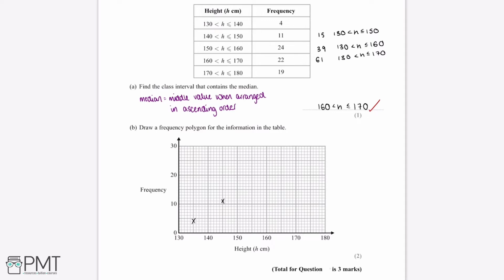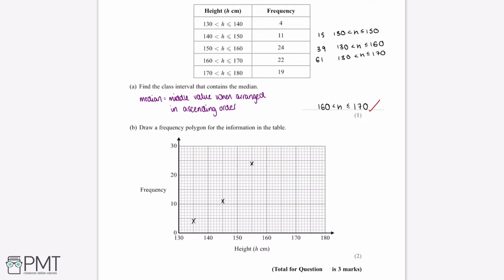Heights between 150 and 160 centimetres, the midpoint will be 155 centimetres and the frequency is 24. So we'll plot the point 155, 24. Heights between 160 and 170 centimetres, the midpoint will be 165 centimetres and the frequency is 22.